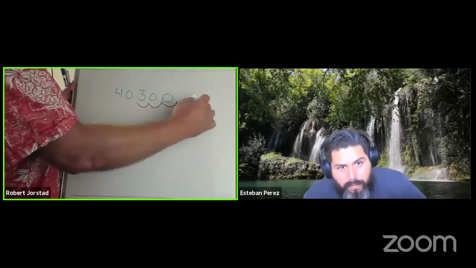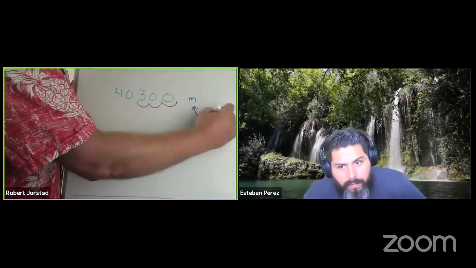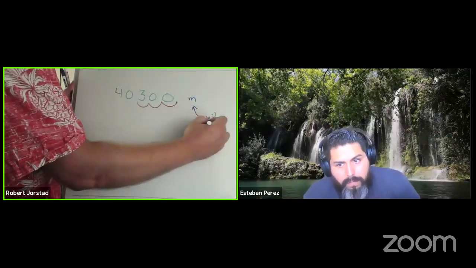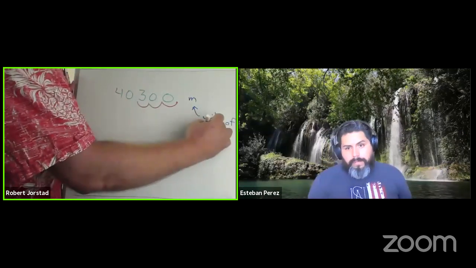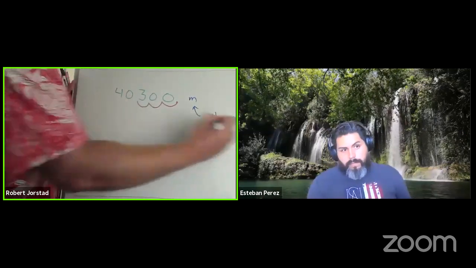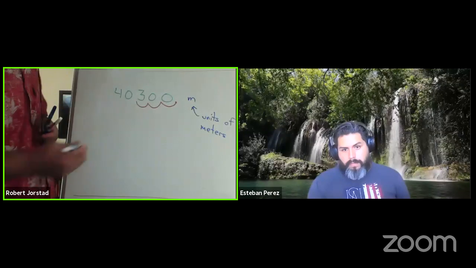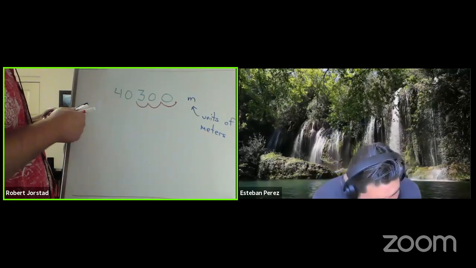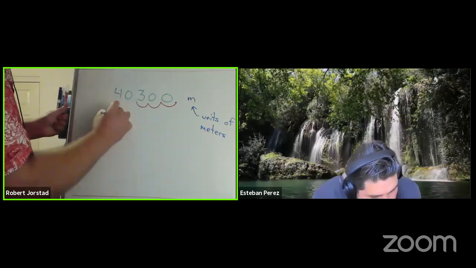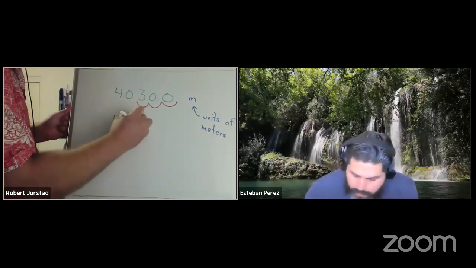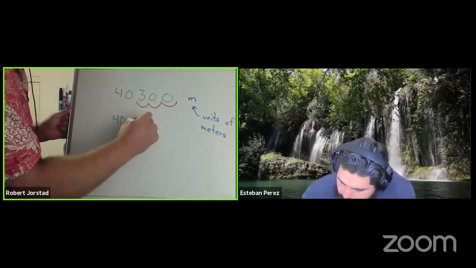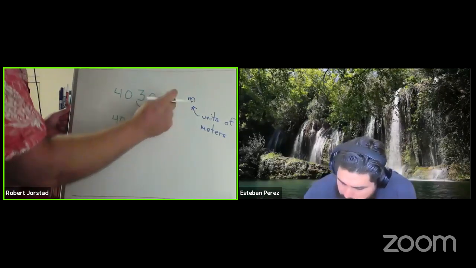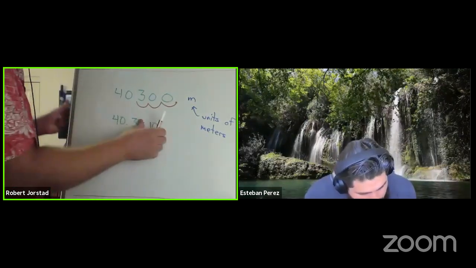So this is going to be units of meters. We'll talk more about units probably the next day. Okay. So in this case, we have meters here. So we know that this is one, two, three. Let me do it like this.